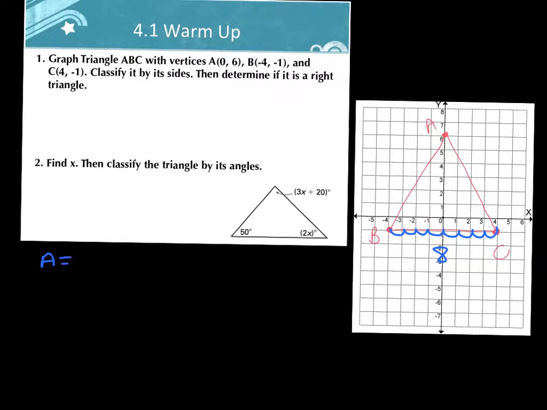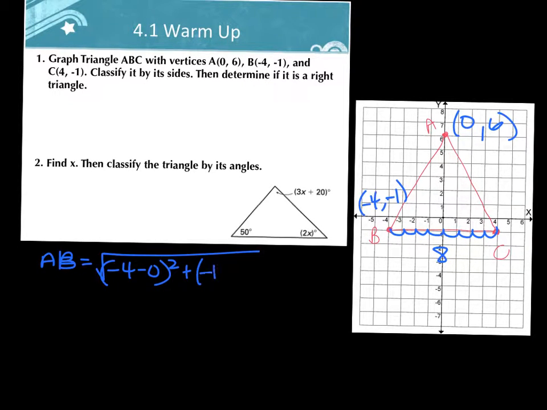So AB, this point was -4, -1, and 0, 6. So square root of x2 minus x1 squared plus y2 minus y1 squared. It doesn't matter which ones I make my 1s and my 2s as long as I'm consistent.